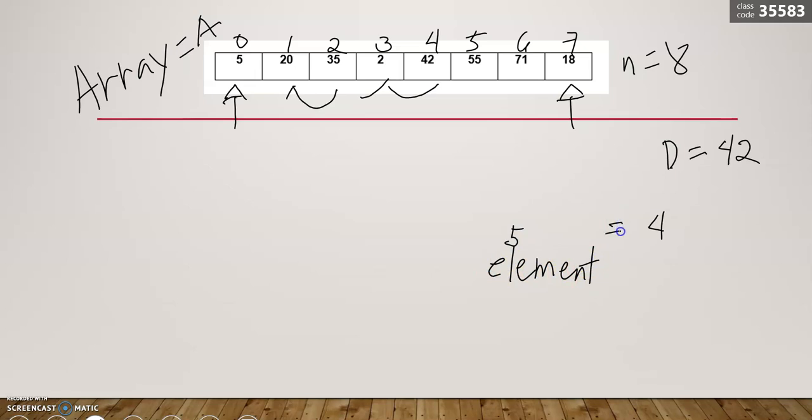So again, the answer is you will find the data 42 at element 5, index 4.